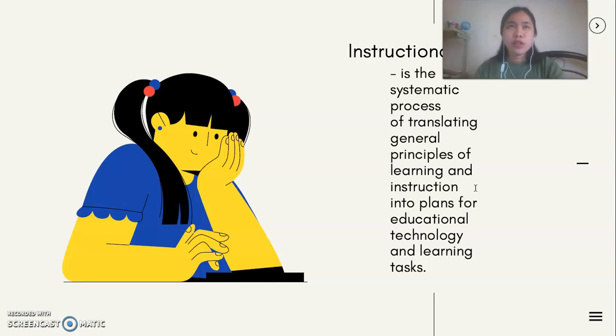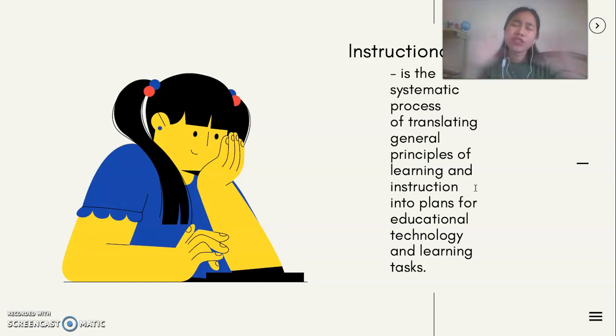Also another learning principle is that learning is activated by the learner himself. That is why we need to provide them with what? Interesting activities. Okay. Also in teaching, one principle is that after teaching, there should always be evaluation. Okay, we should always assess our learners.